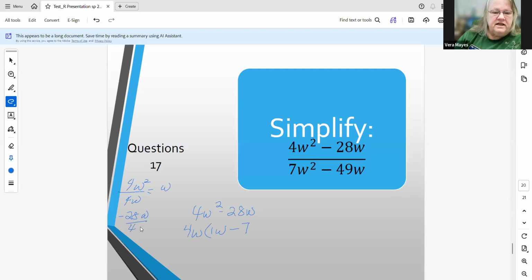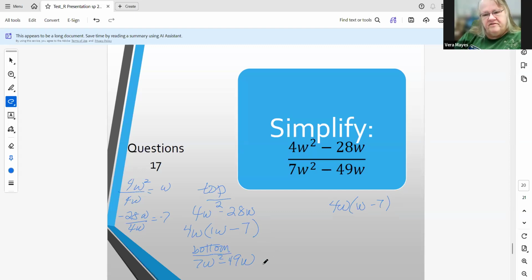Sometimes it's nice to see that visual. Okay, so here's our top. All right, let's do the bottom. Again, we're looking to see what do they have in common.